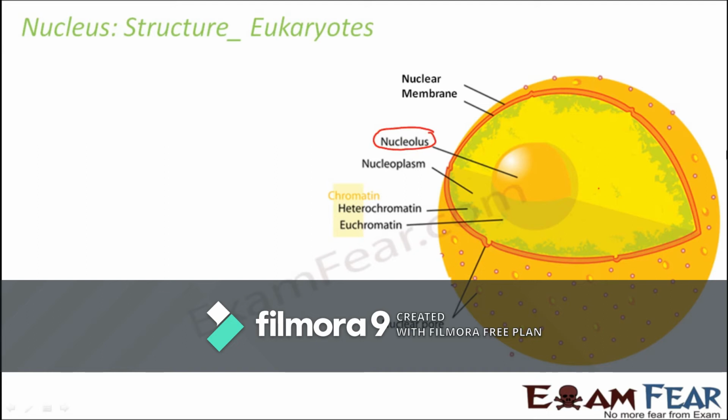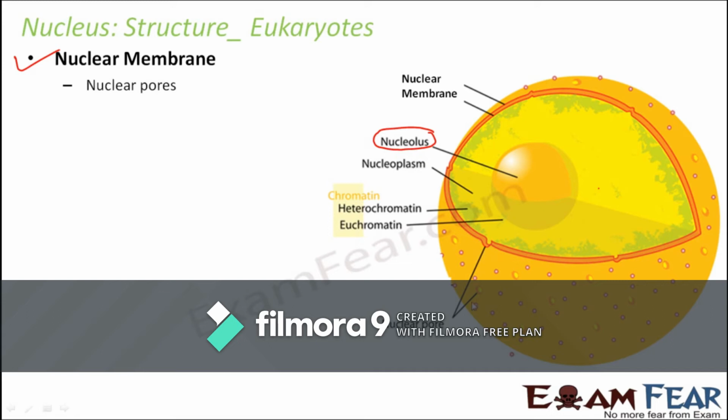Let us quickly look at the various parts inside the nucleus. Here, the thing which you see on the screen is the nucleus. First of all is the nuclear membrane. You can see the outermost layer of this ball is the membrane which separates it from other components inside the cell. This nuclear membrane also has tiny pores on its surface.